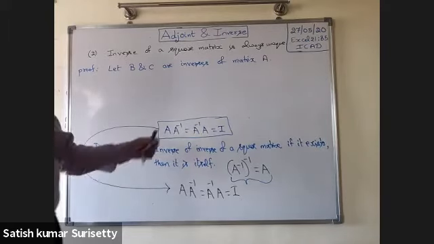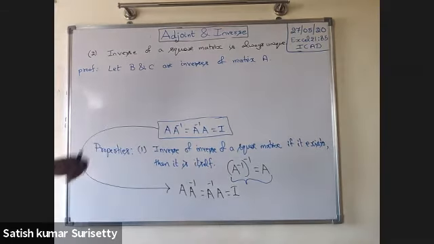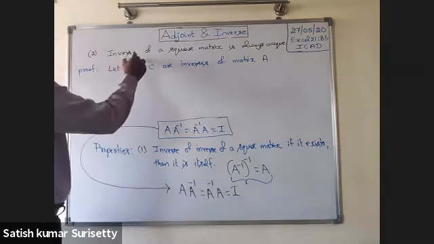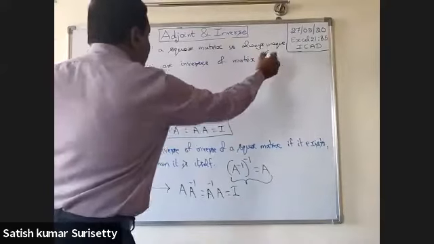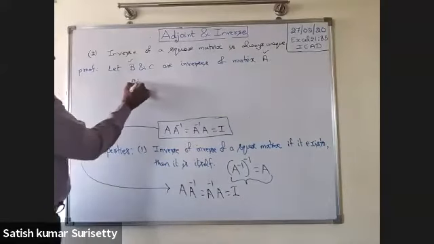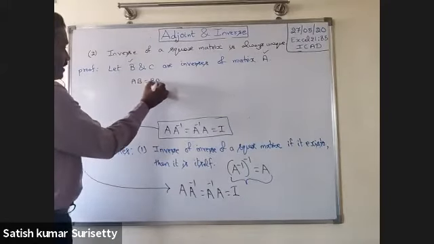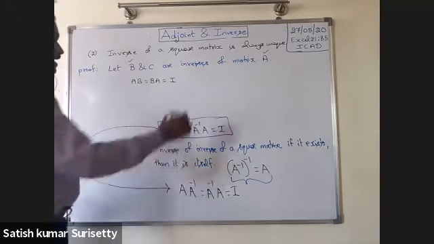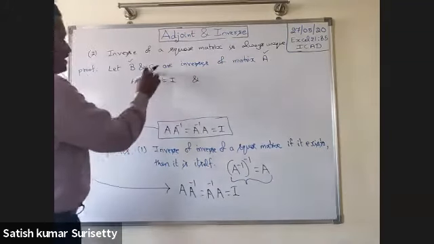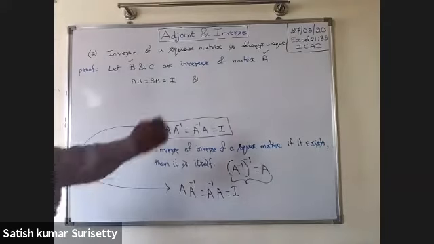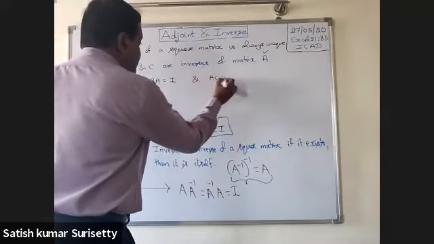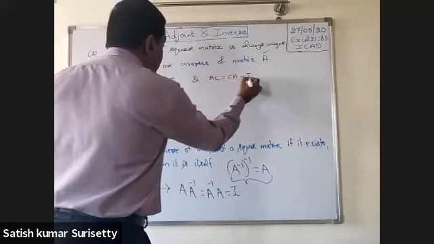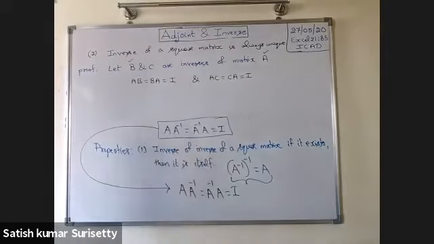Using the definition of inverse of a square matrix, when B is the inverse of A, we can write AB equal to BA equal to I. And when C is the inverse of A, we can write AC equal to CA equal to I, as per the definition. Try all of you using these two.